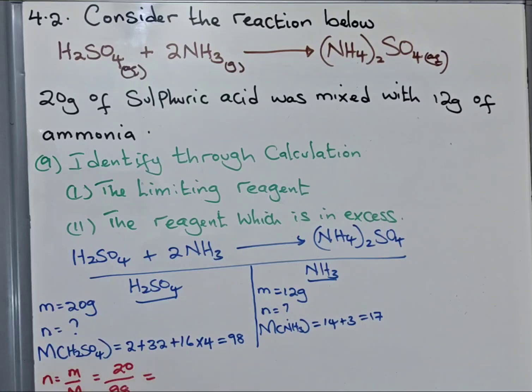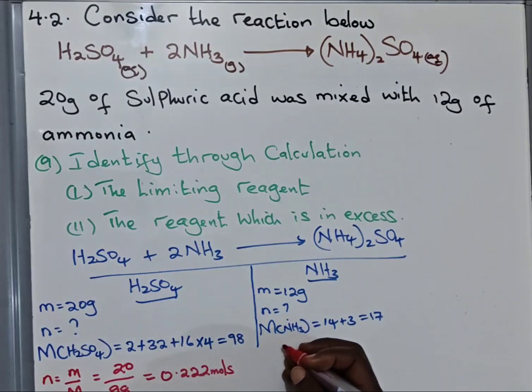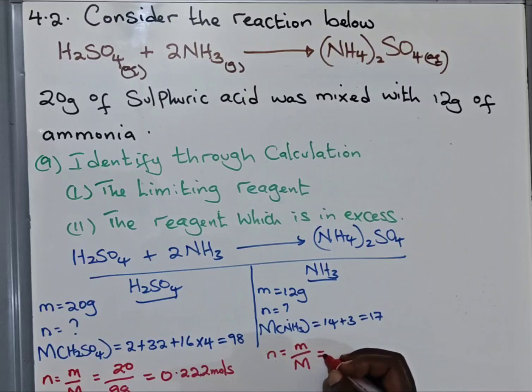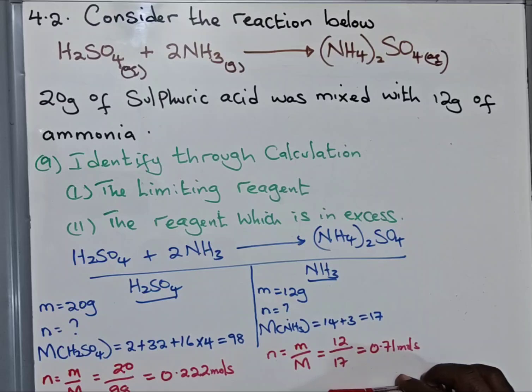From here, you get, here we have it. Then we also calculate the number of moles of ammonia using the same formula. n is equal to m over molar mass, where m is 12 and molar mass is 17, giving you, this is what we get.